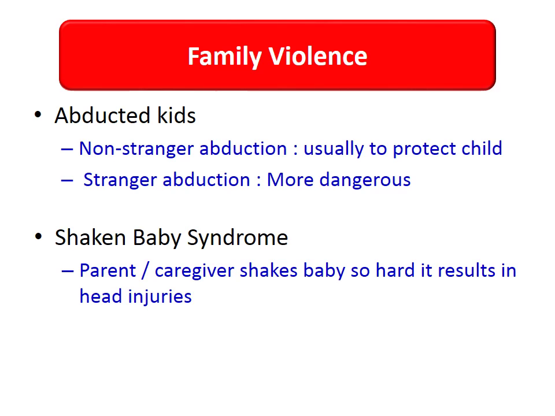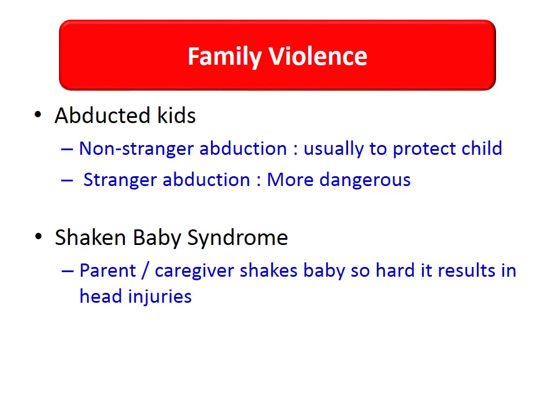Usually stranger abductions are motivated by sexual reasons, and police records suggest that if the child is not found within the first 3 hours, the case usually doesn't end well.